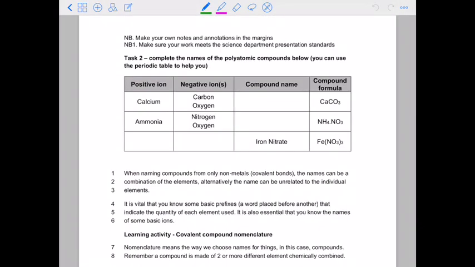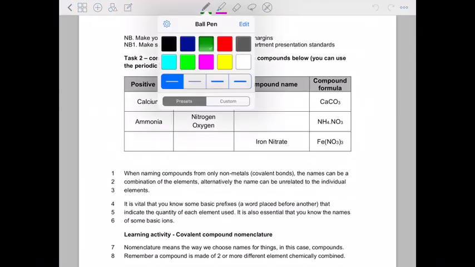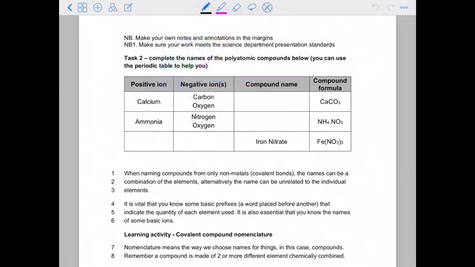Now that we've done the single atom ions, we're going to try some of the polyatomic compounds. Hopefully you remember that the word polyatomic means that there is more than one atom within the ion.